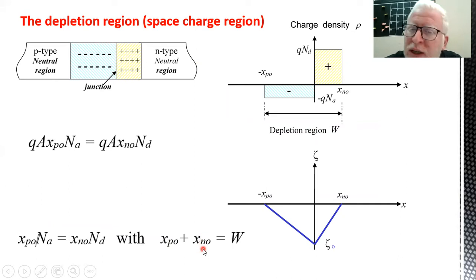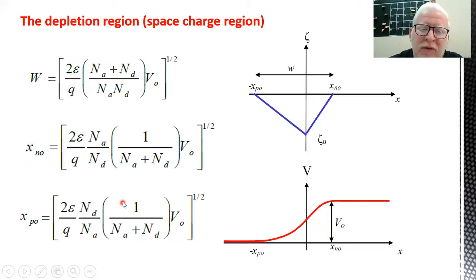Again, the 0 subscript is used to indicate thermodynamic equilibrium, and logically, W, the total width of the depletion region, is the summation of x_n and x_p. And due to that equality in charge, we say that x_n times N_D equals x_p times N_A. Finally, we have these three major equations determining W, x_n, and x_p.